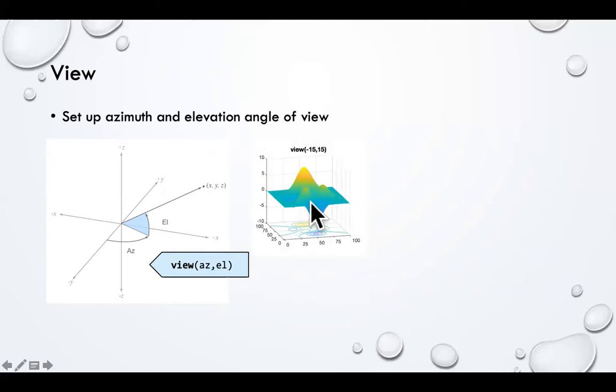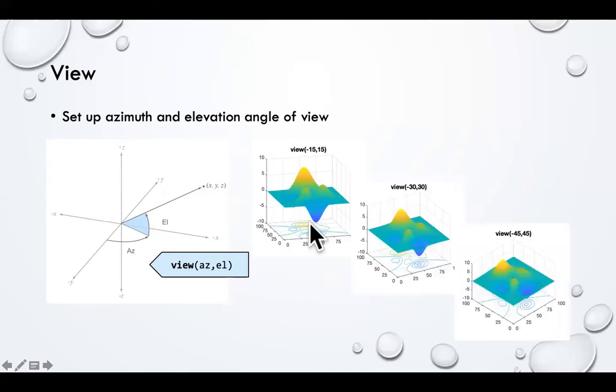Like if I want to make the plot a little bit flat, okay, it looks flat. So I can change the minus 15 degrees to 15 degrees. It changes the azimuth angle and elevation angle. So after you plot, you just type view and you can see a different angle. It really depends on what you like, so you can change it and see which one you like.